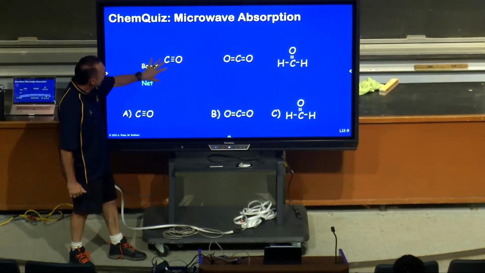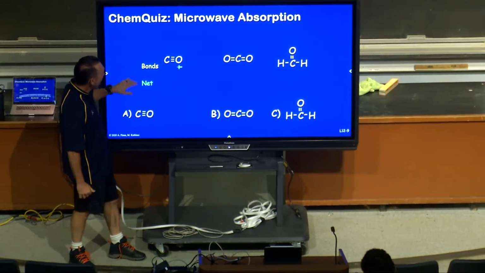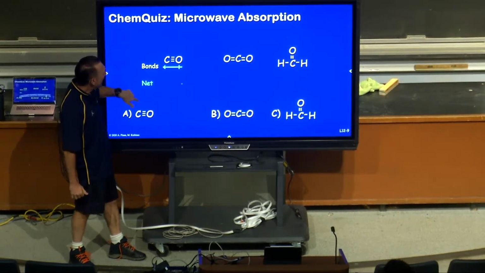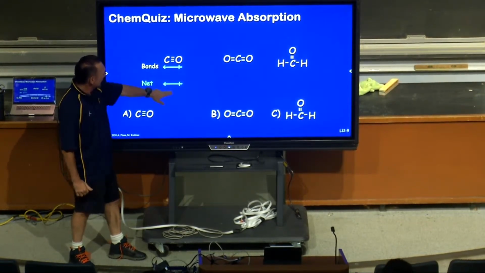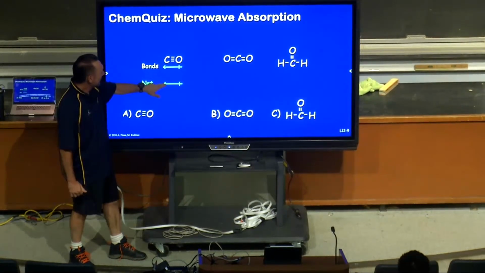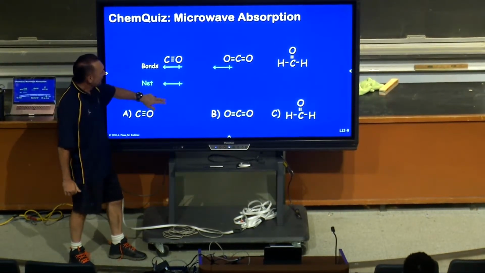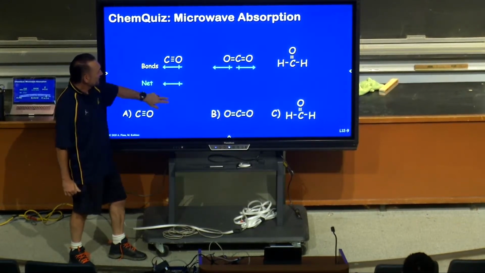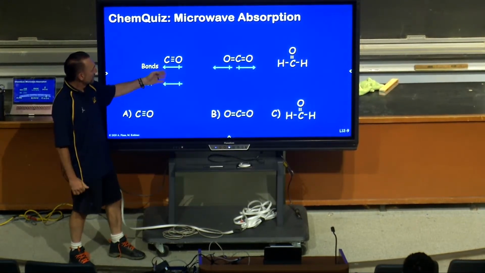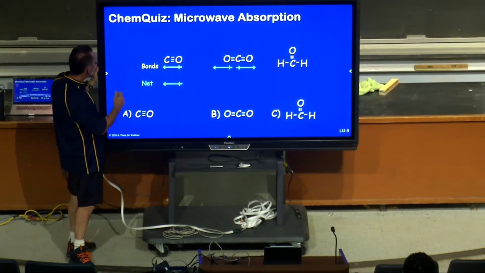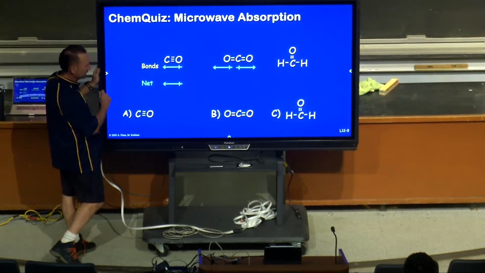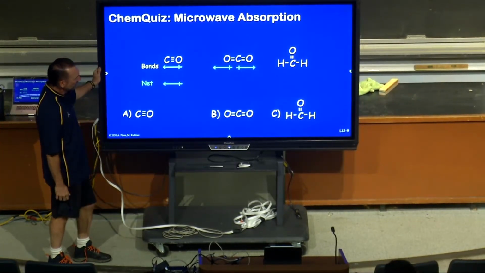So let's look at this a little more carefully. We have the bonds. Each bond has a little dipole moment associated with it. That's interesting. I kind of drew them in the reverse direction here as well. Huh, must have done this before.